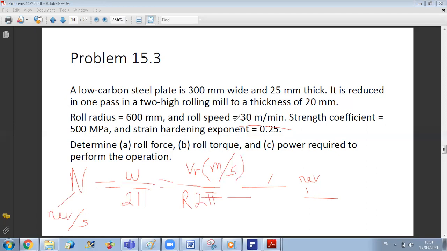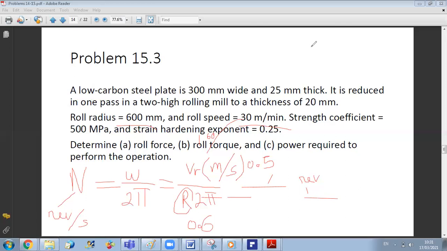When I divide by 60, I replace VR by 0.5 in this formula. The radius is 600 millimeter, which I convert to meter, so it's 0.6. And over 2 pi to go from radian to revolution.